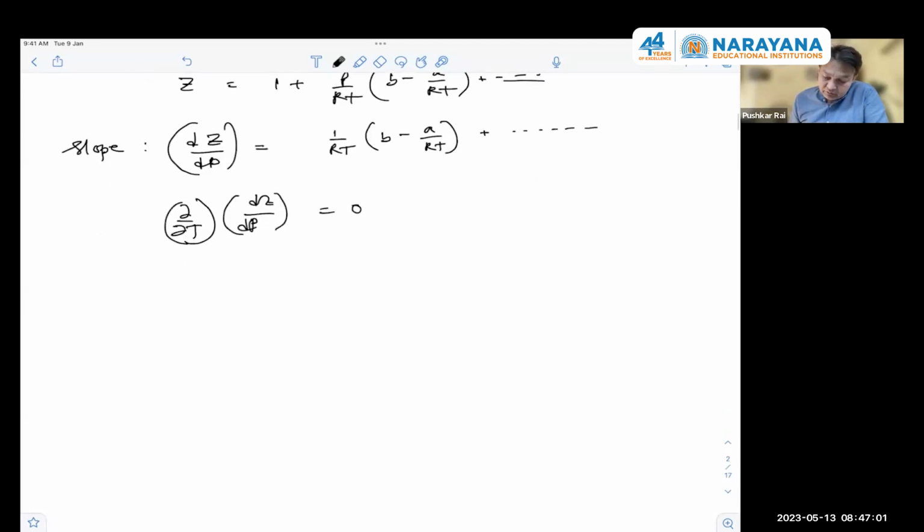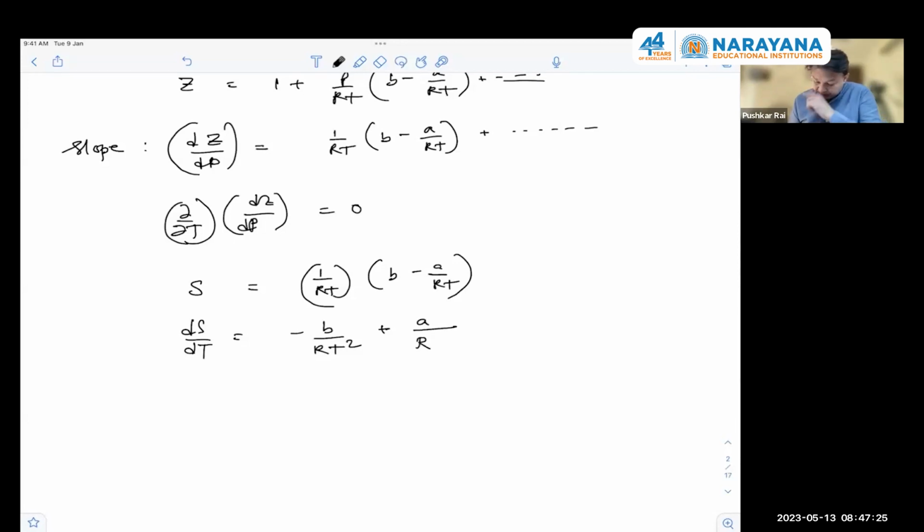Do it. So what you will get, let us suppose that slope S is equals to 1 upon RT into (B minus A by RT). So if you differentiate it, then dS by dT is equals to what? That is B upon RT square with a negative sign plus 2A upon RT cube, and set it equal to 0.